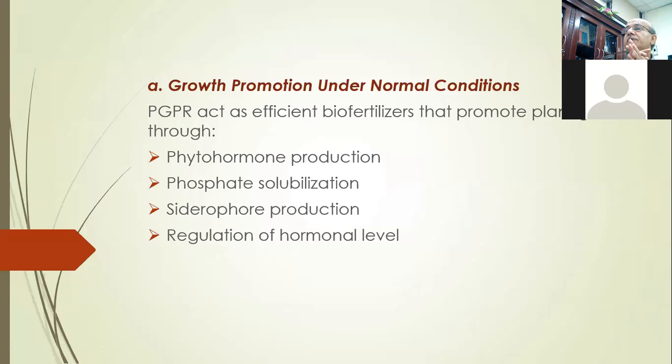But of course, these biofertilizers cannot fulfill the complete nutrient requirement of the plant. So we must add chemical fertilizer, but we should supplement that chemical fertilizer with biofertilizer. Only biofertilizers cannot do the job of chemical fertilizers.